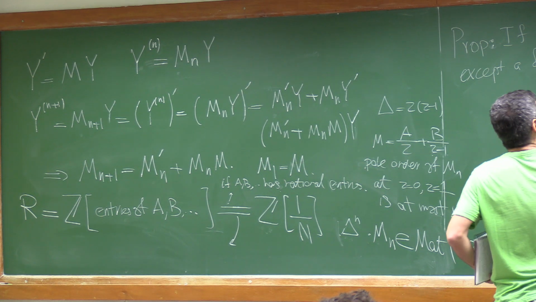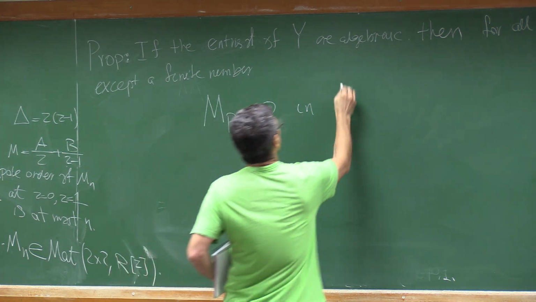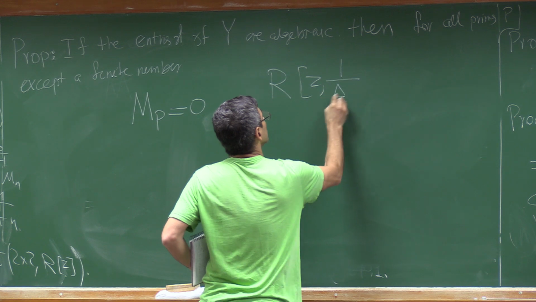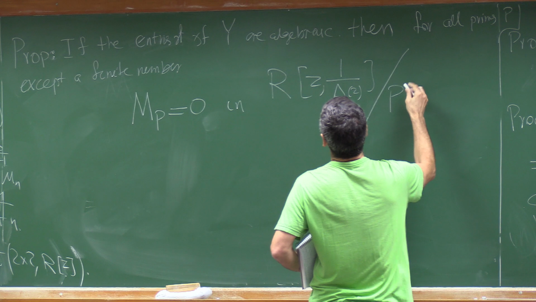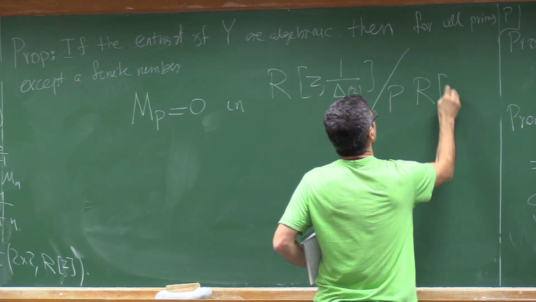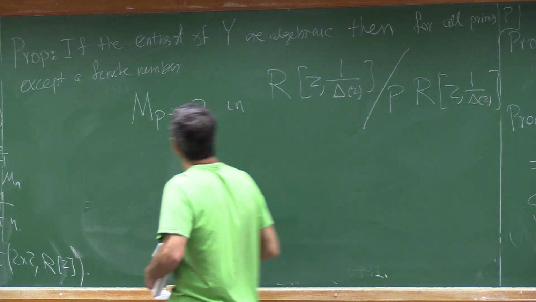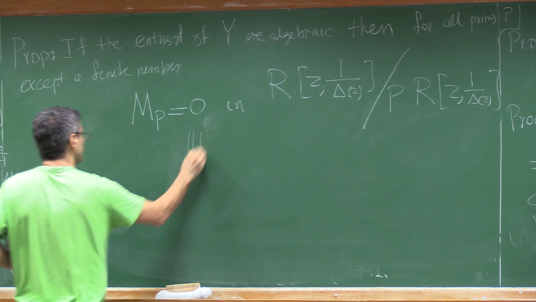Maybe I will write M equals 0 in R[z, 1/delta(z)] modulo p times z delta(z). So in this ring, or if you want, let me do this another version.